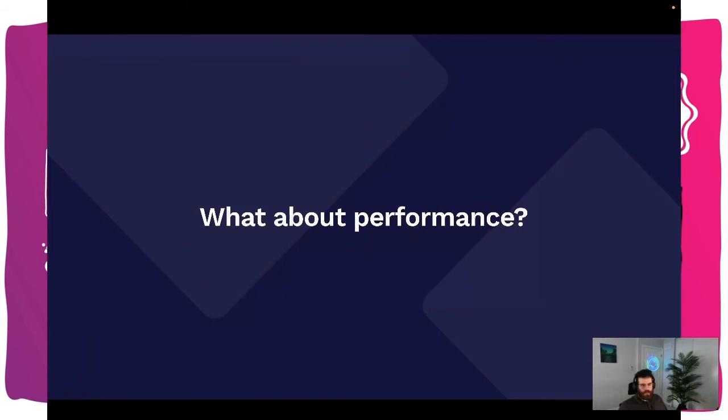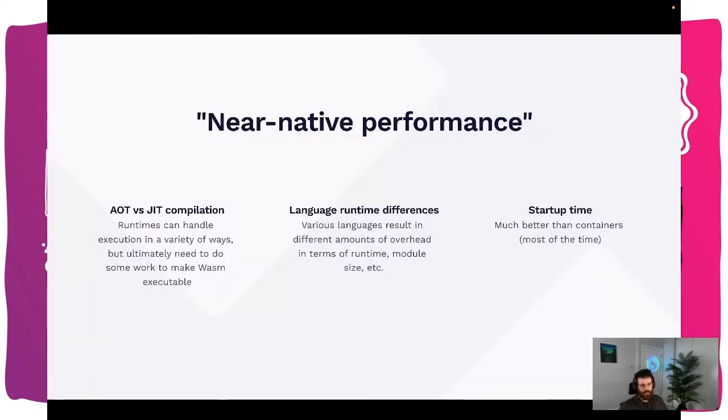So let's touch on performance. When we, as people who work with WebAssembly, talk about performance, we often use the term near native performance. And this is something that gets thrown around, but there's absolutely some nuance to it. The promise of WebAssembly is that you should be able to compile your code and execute it in the secure sandbox at near native performance.